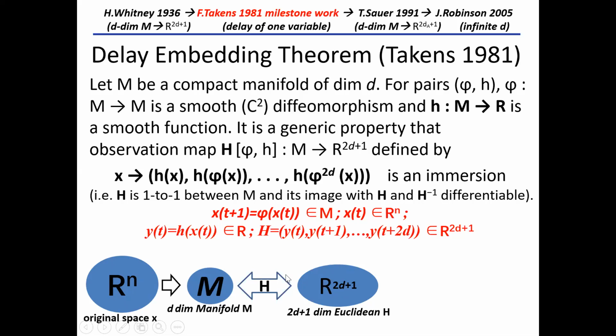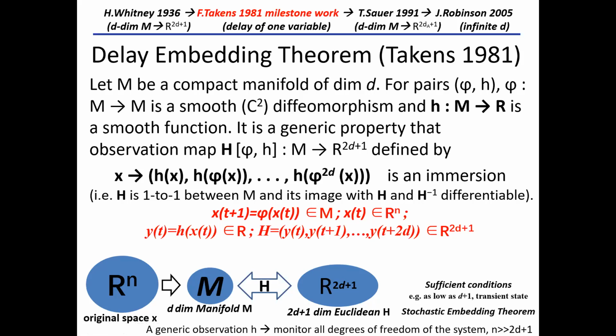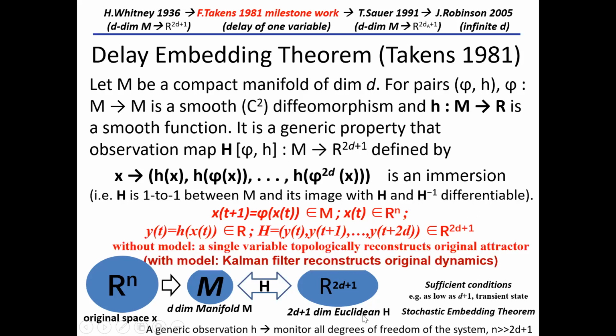So we can analyze and predict this nonlinear system in the Euclidean space, which is easily used by us. Sorry, a little bit difficult stuff, but I think it's better to show the theoretical part. This is a sufficient condition, which means that even if these conditions are not satisfied, this can still work.